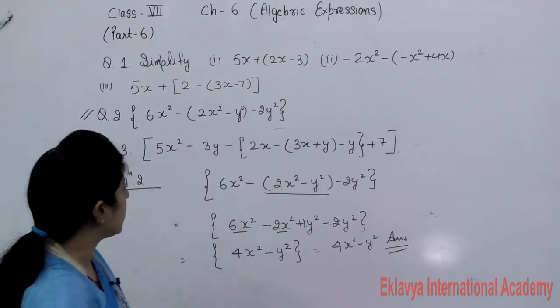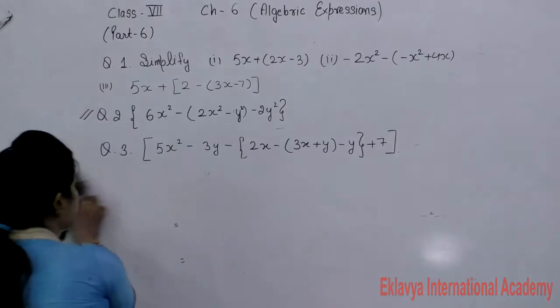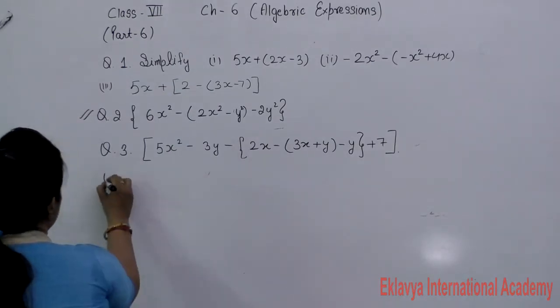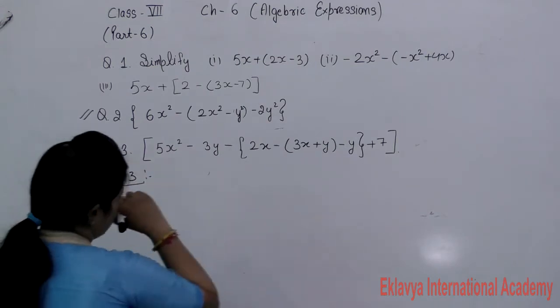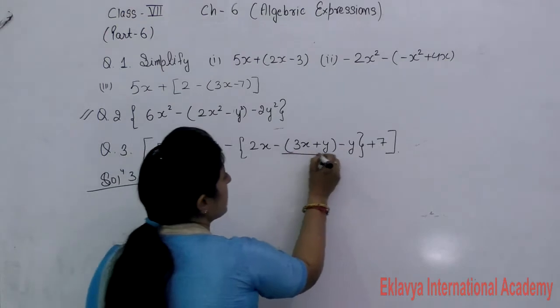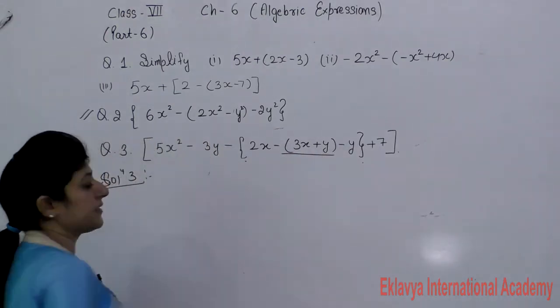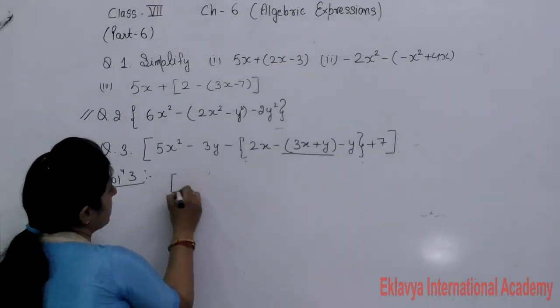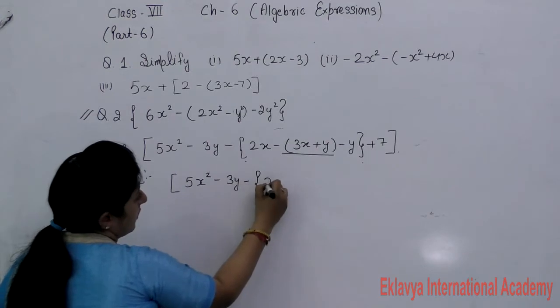Okay, now see the next. We already discussed this type of question in detail. There are three types of grouping symbol. Innermost is this one, then braces, then bracket. So now see how to solve. 5x square minus 3y minus 2x.